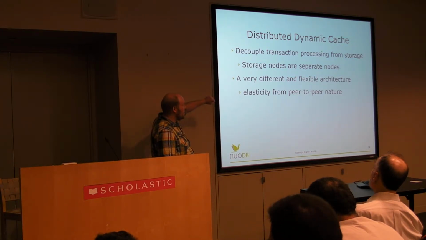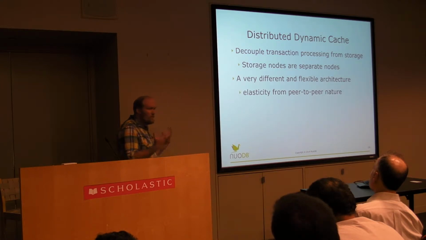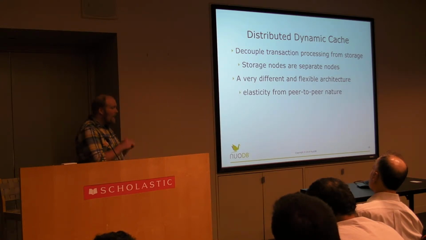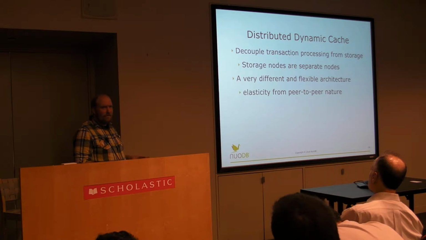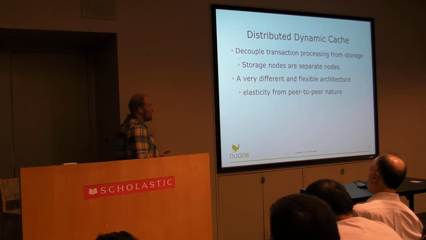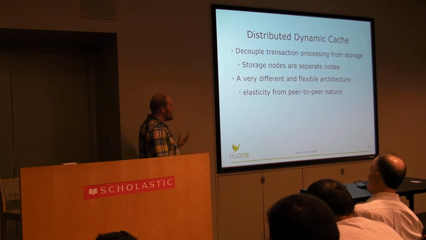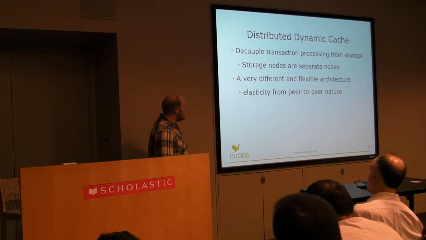So the storage nodes are these separate nodes, and their whole job is to basically just receive all these changes in the form of messages, and then just make it durable somehow, right? Just save it all out so that when a particular transaction node's cache is full and it needs to evict objects, it can always, in the worst case, go back to the storage node to fetch a copy of what it needs.